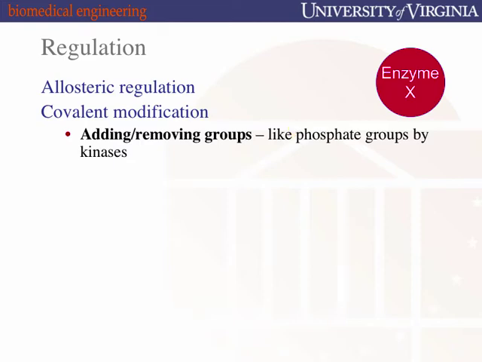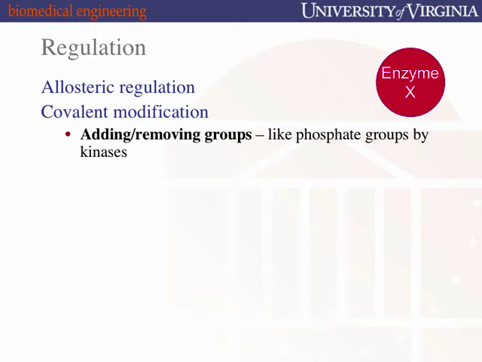Kinases are a specialized type of enzyme that catalyze the phosphorylation, or the addition of phosphate groups, onto specific amino acid residues. There are enzymes that remove those phosphate groups called phosphatases, right? So kinases are going to add those phosphate groups. Phosphatases are going to remove those phosphate groups.